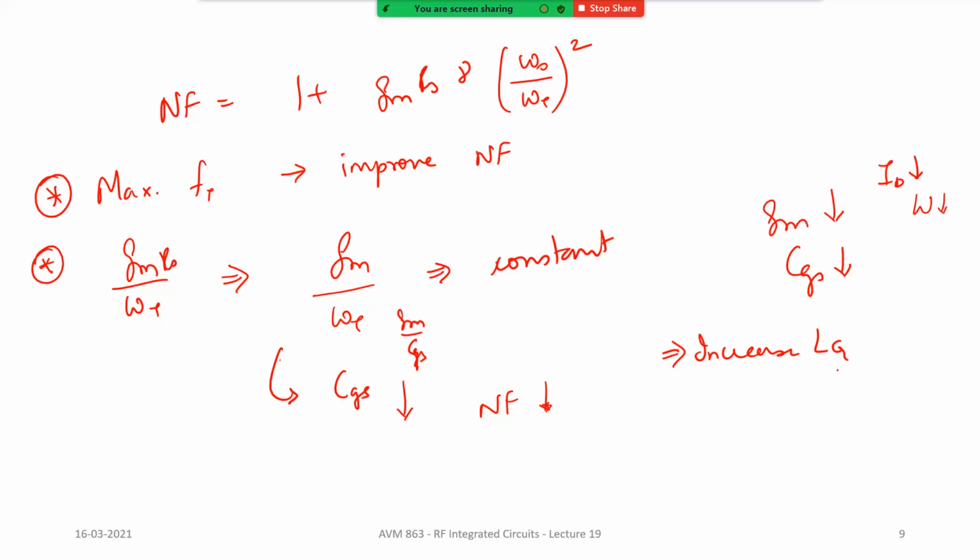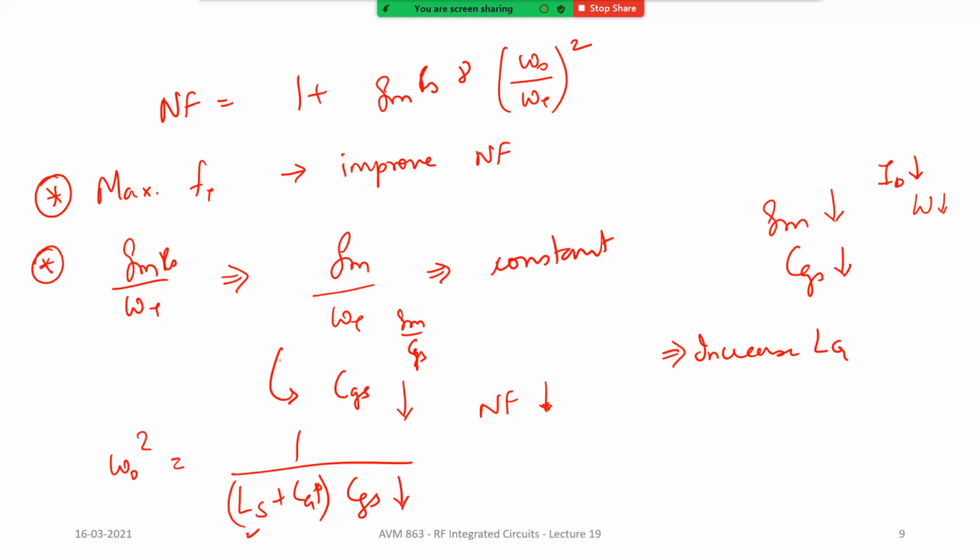Now this is limited by, so what happens is now CGS is reduced. Now what is omega naught squared? It is 1 by (Ls plus Lg) into CGS, right? So if CGS reduces and Ls is kept constant, now your Lg has to increase in order to resonate at the same frequency.